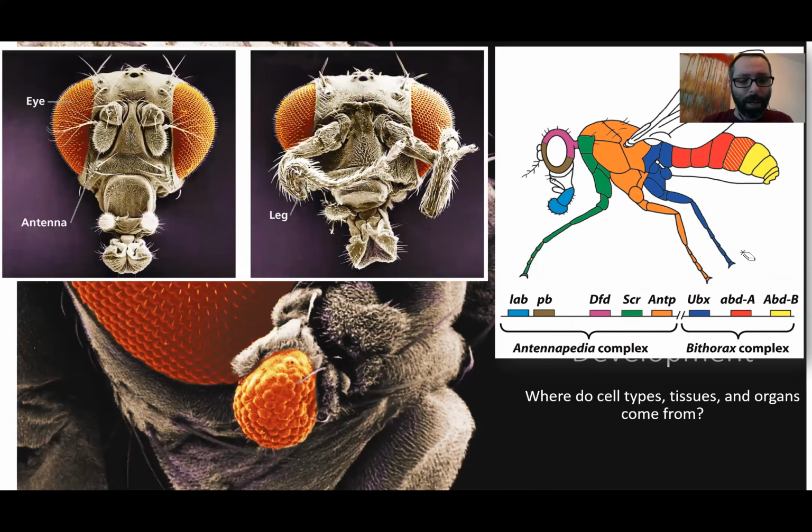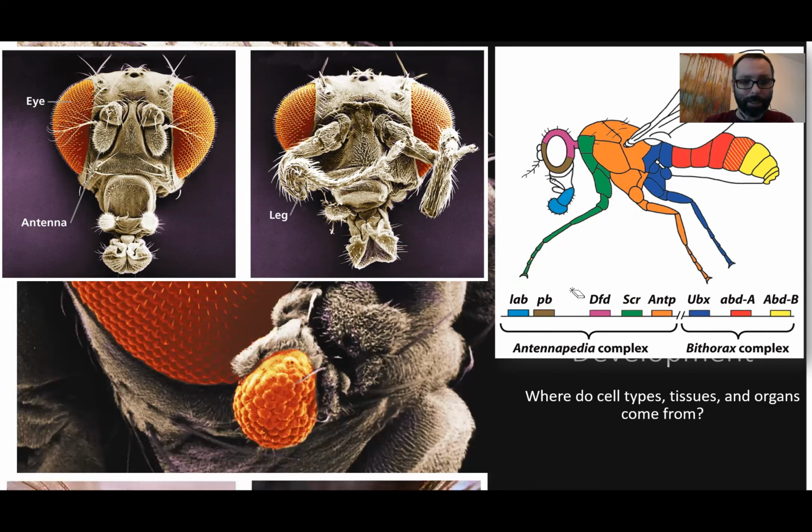For example, in this particular fly, they have made legs grow out of the spot where the antenna is, because they turned off those antenna genes, which would be in the brown section, and instead they moved some genes around and made the green genes active in that spot, right? So instead of getting antennas to grow, you get legs to grow.